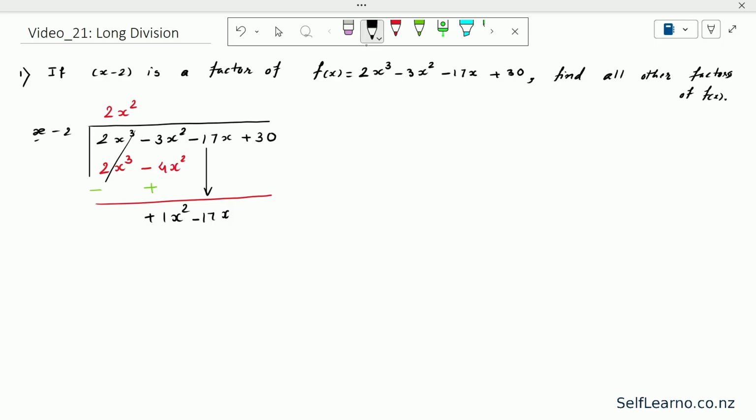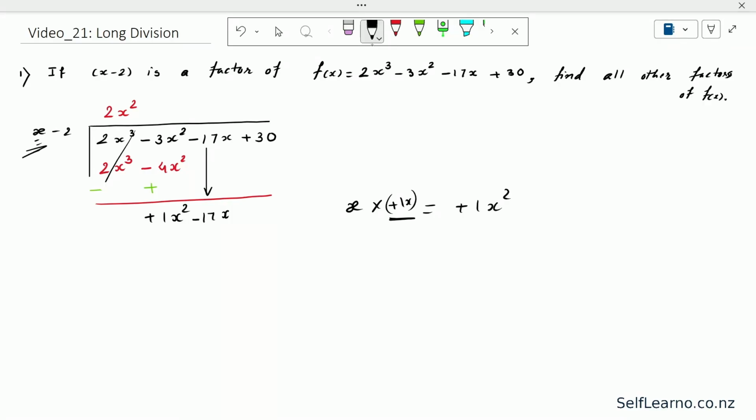We have x and now we want to obtain this plus 1x square. So here for multiplication, I should use plus 1x. Okay.